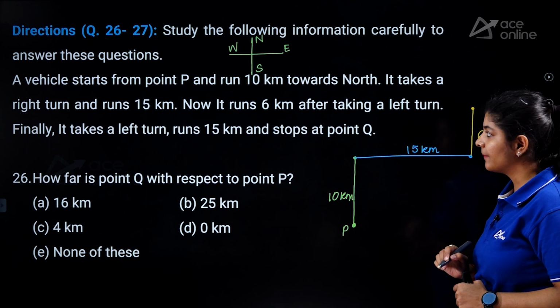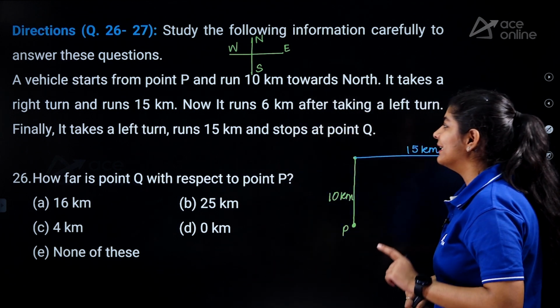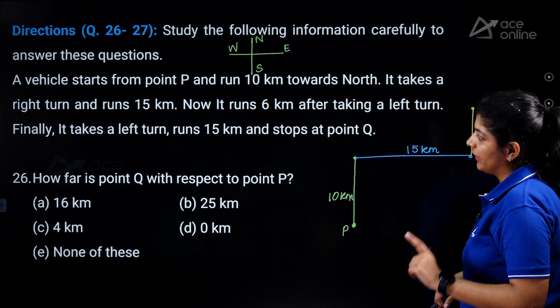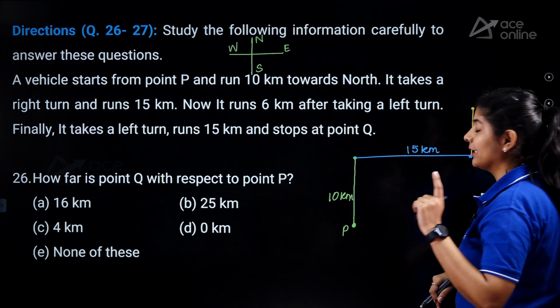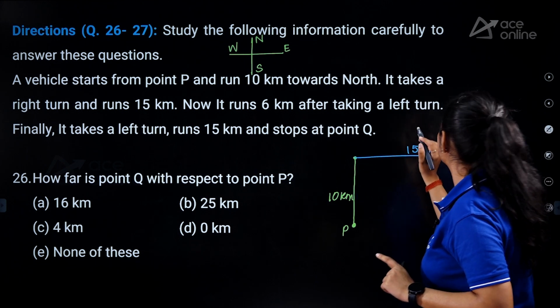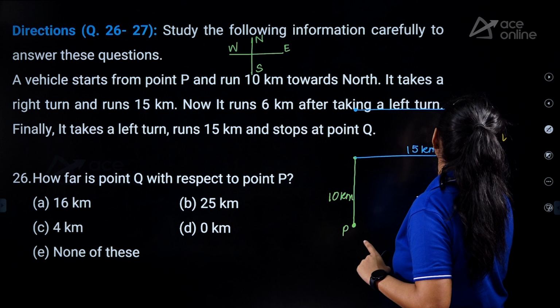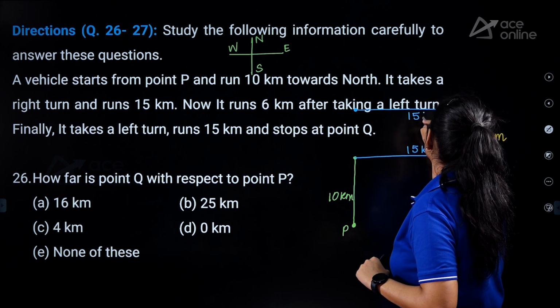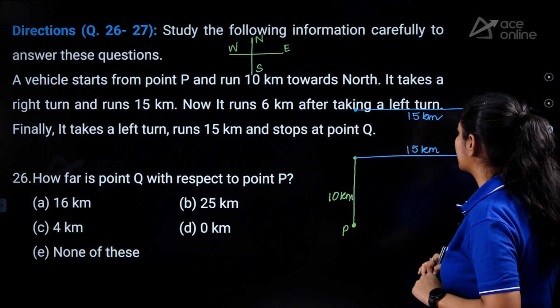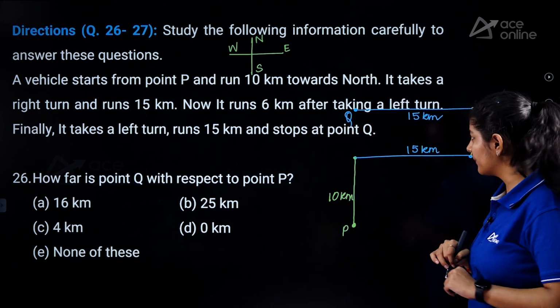Next, it finally takes a left turn and runs 15 km and stops at point Q. Again the left turn means the anti-clockwise direction, and it will reach this point after covering a distance of 15 km. And this point is nothing but point Q.